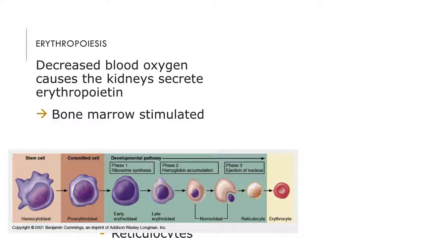Remember, though, that erythropoietin can also be produced by recombinant DNA technology, and its brand name is known as Epogen. Erythropoietin stimulates the bone marrow to produce immature red blood cells, which turn into reticulocytes, which eventually turn into red blood cells. So here's a nice little picture showing how that happens.